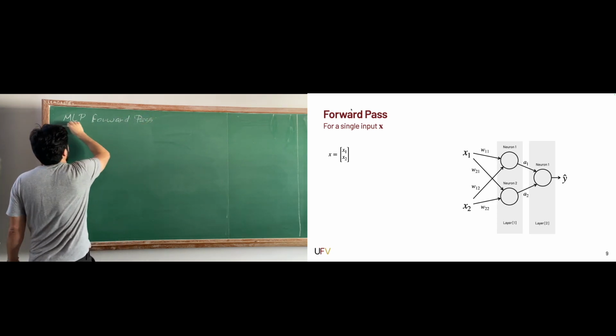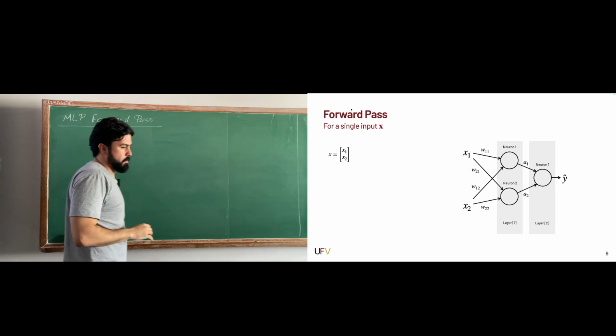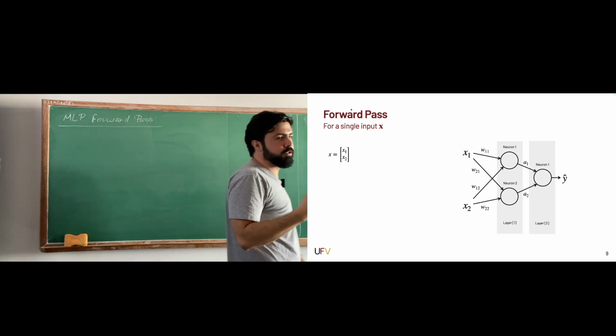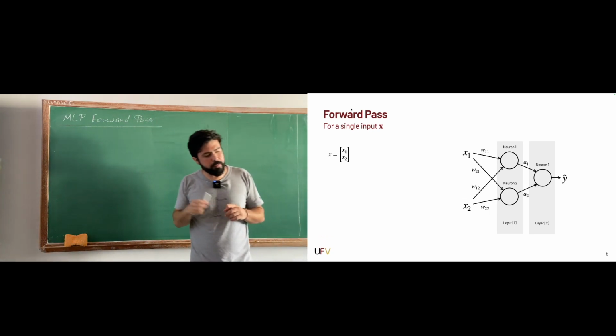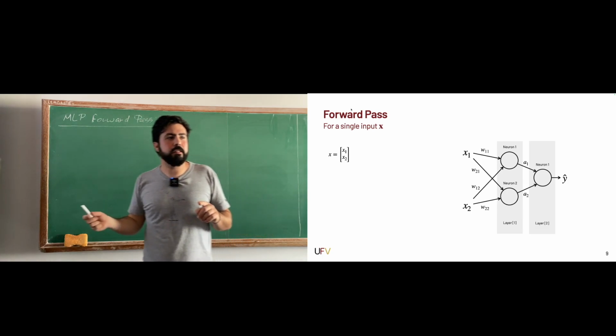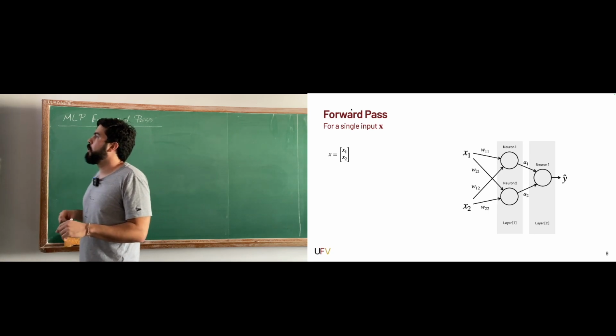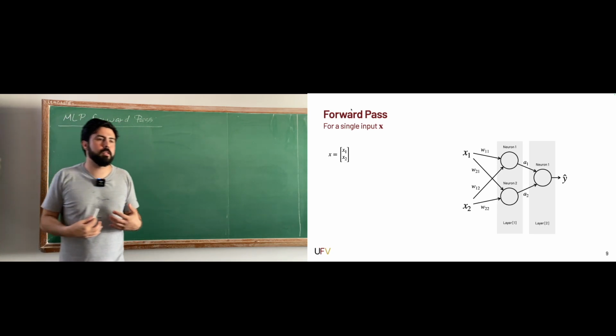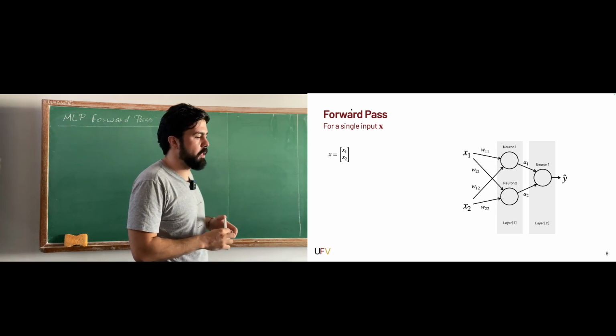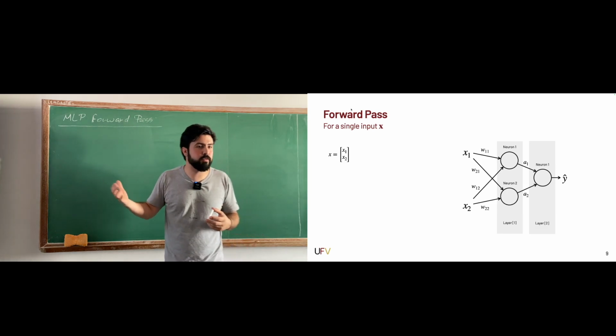As you will see, when you're training a neural network, we have two steps. The forward pass, and then there is a backward pass, which we do to compute the gradients that we need to update the weights of the neural network.